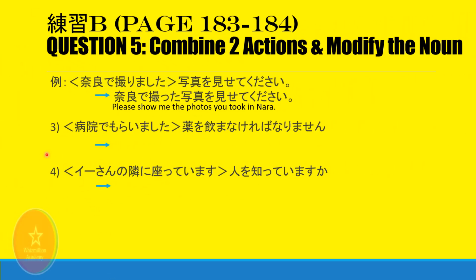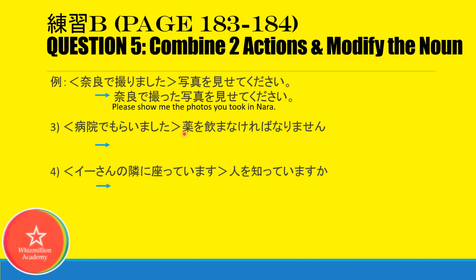Question number 3. 病院でもらいました。薬を飲まなければなりません。Once again, we do not know anything about the noun, kusuri. We just know that we must drink the medicine. We do not know anything about the medicine yet.